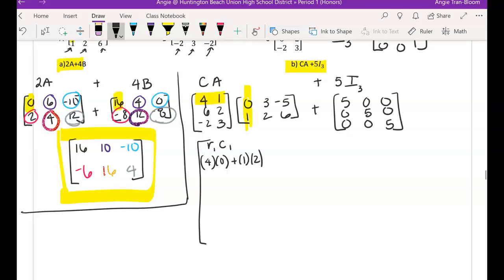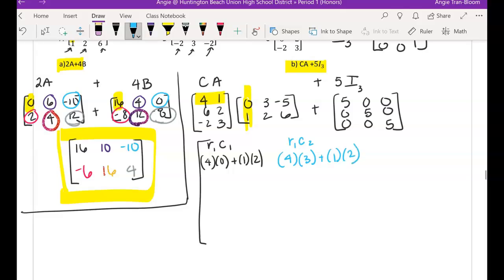Then same thing, I'm going to take row 1, different color, row 1, column 2. So I'm going to take 4 times 3, column 2 is now 3, plus 1 times 2. I'm sorry, that's row 1, column 2, so 1 times 2.